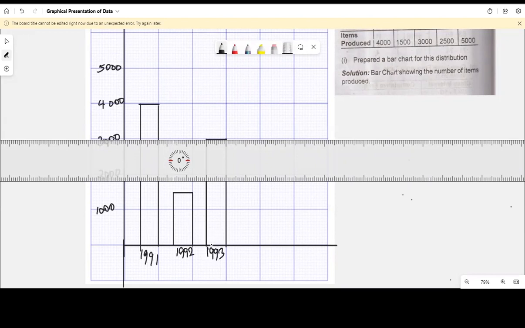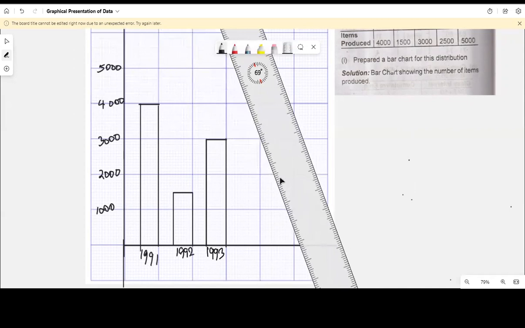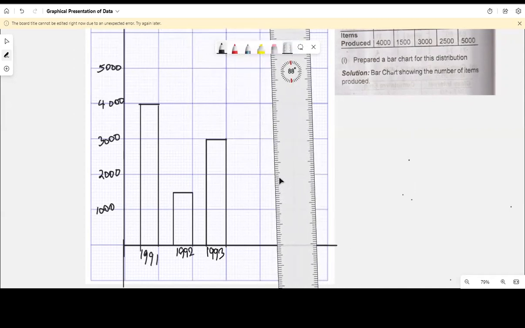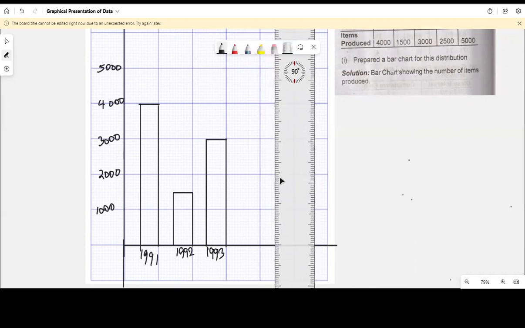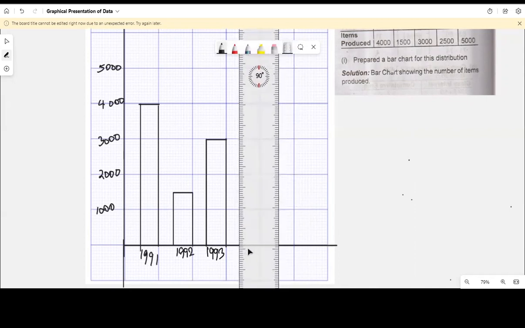1993. And the next one is 2,500. As usual, you leave a gap that is equal to the gap we have been using, which is 5 units, counting 5 tiny boxes. Let's count: 1, 2, 3, 4, 5. So the next one is somewhere here.